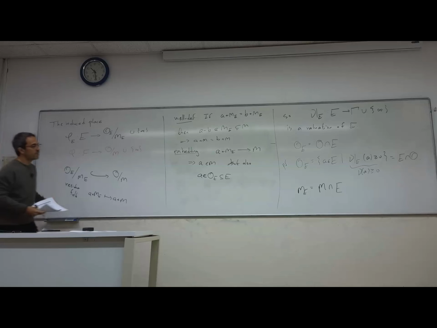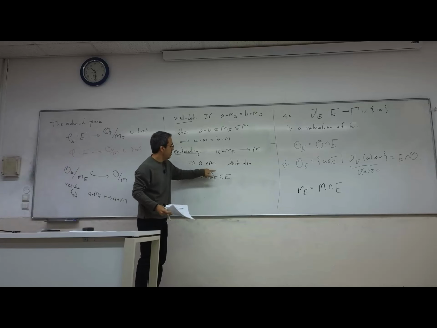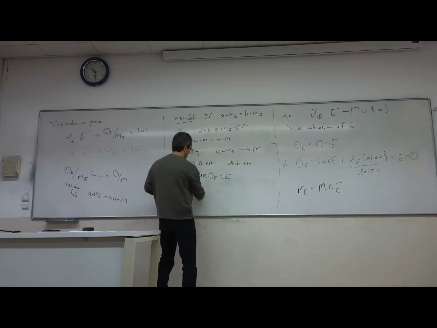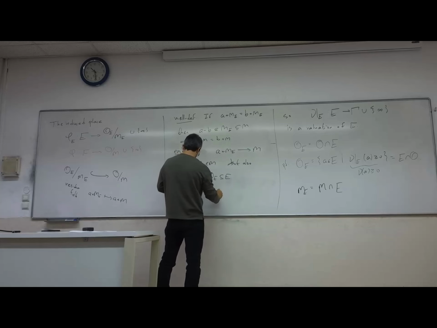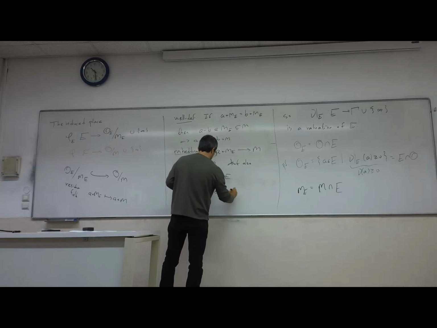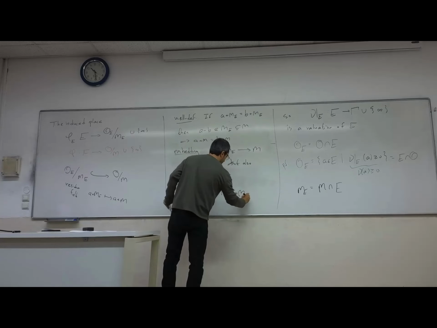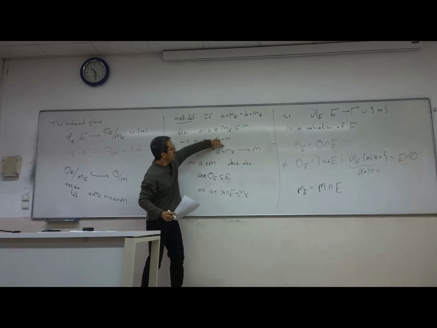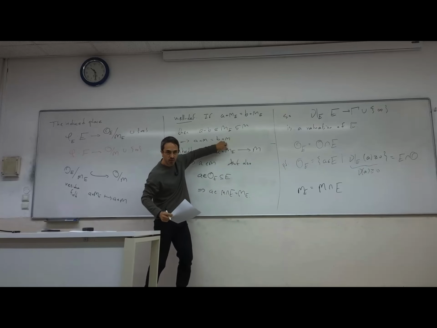And that's it, right? A is in M, A is in E. So this means that A is in the intersection, which is M_E. So the only way that A plus M_E goes to M is if A was in M_E to begin with.